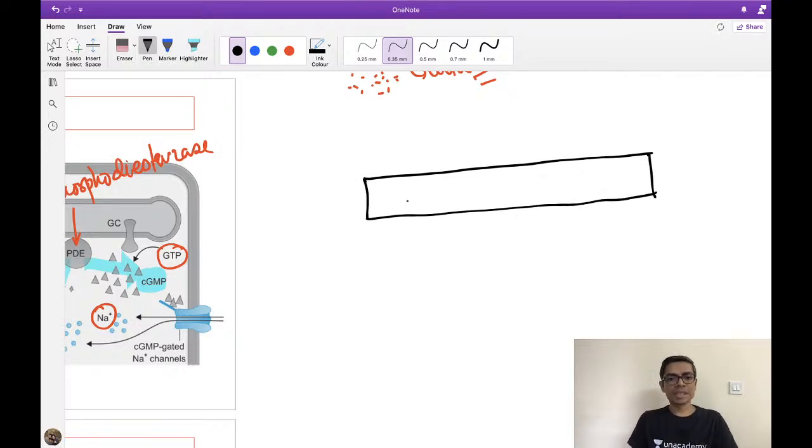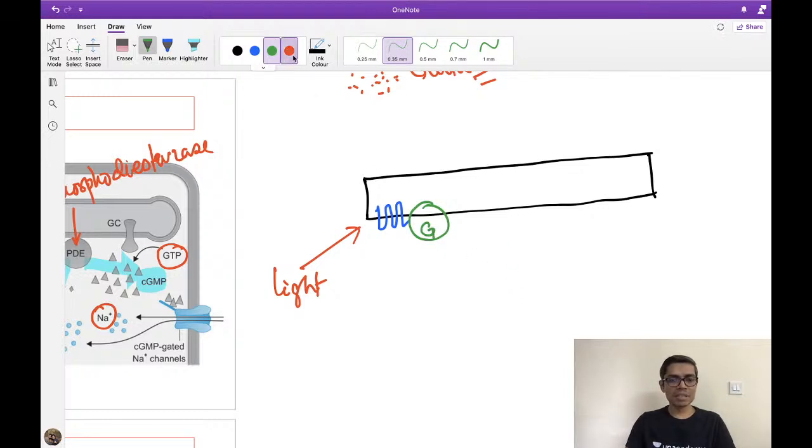Okay, so this is the optic disc. Whenever light is falling here, look at the mechanism once again. Whenever the light is coming here, the opsin of the rhodopsin molecule will change its conformation. Then this opsin stimulates this G protein which is connected here.